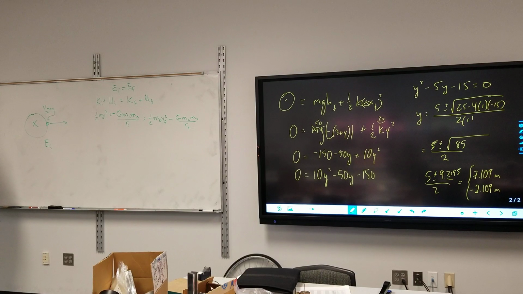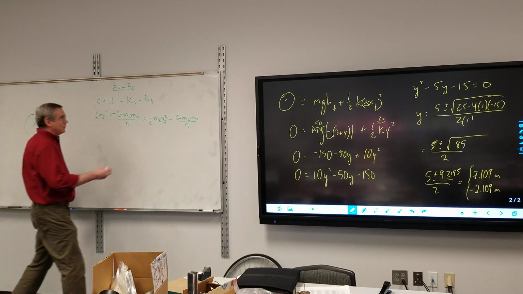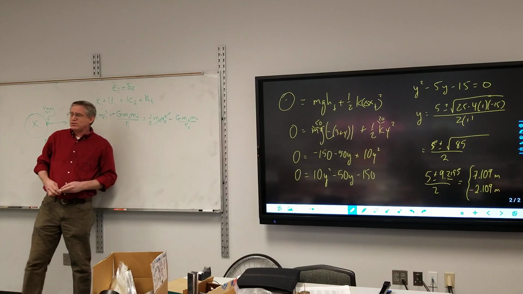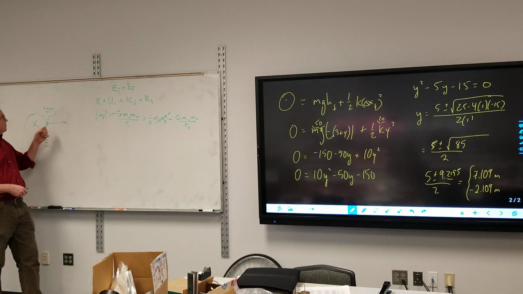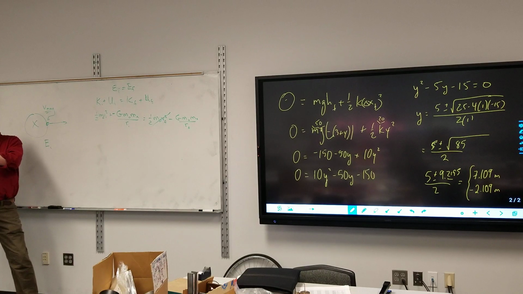Final speed, however, should please you: close enough. This is the mathematician versus the physicist. Mathematician, it will never be zero. The physicist, close enough. It gets slower and slower. We're trying to find a minimum speed so that it won't come back.